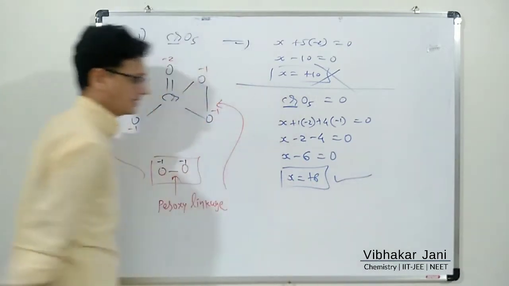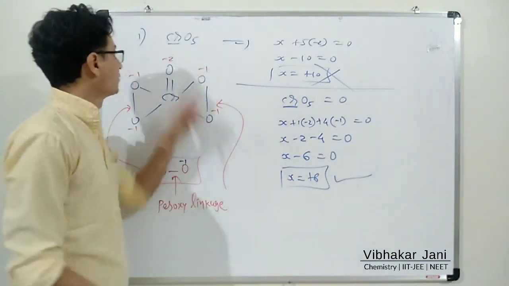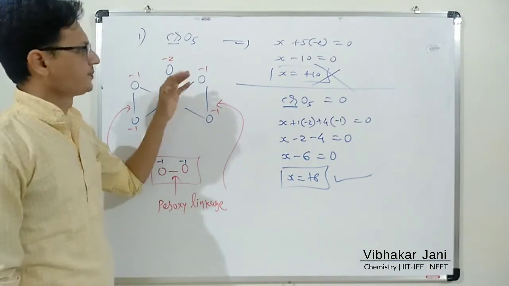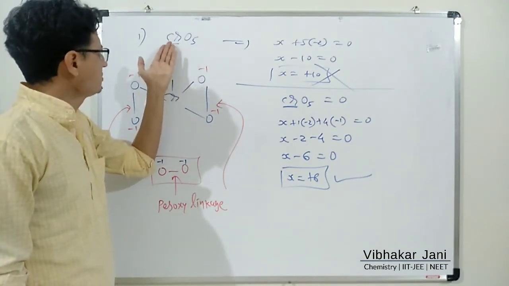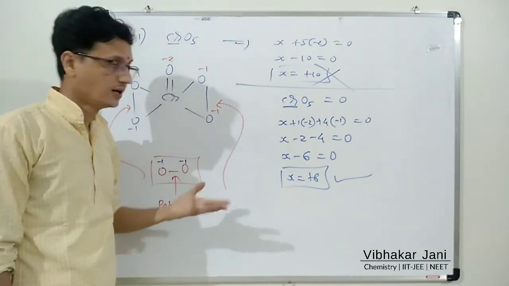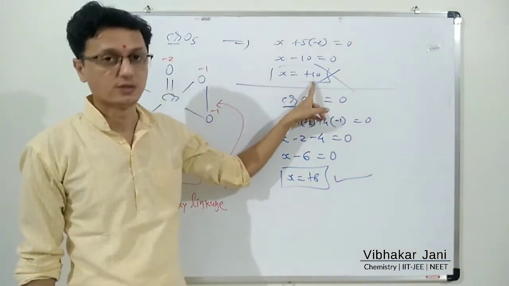Now +6 is the correct oxidation state of chromium in CrO5. If you simply count the oxidation state by the earlier method without knowing the structure, your answer will be wrong.